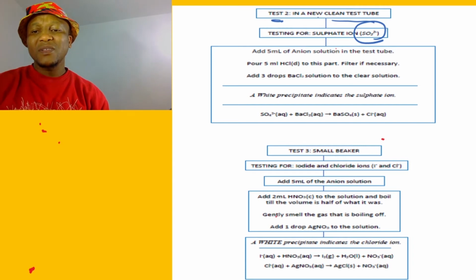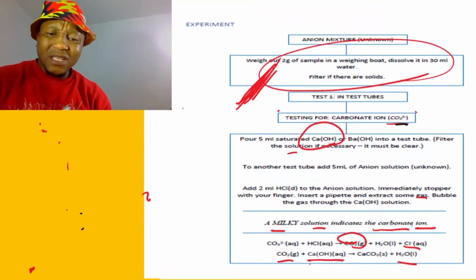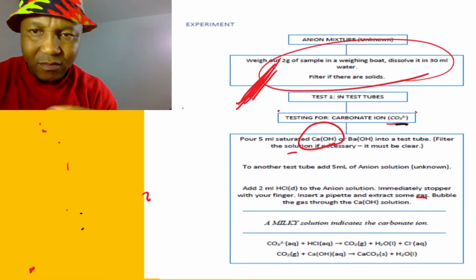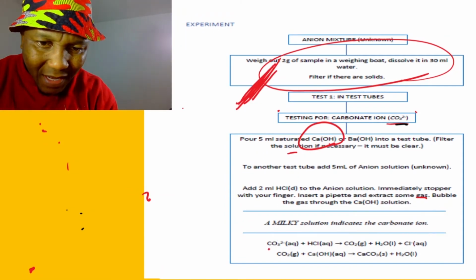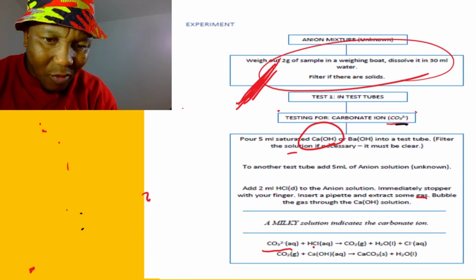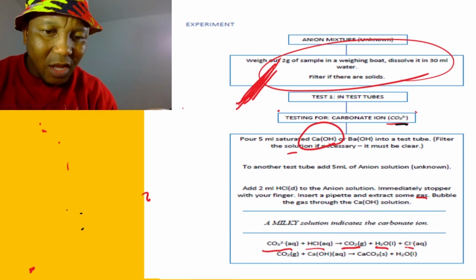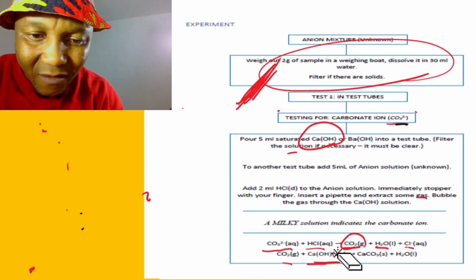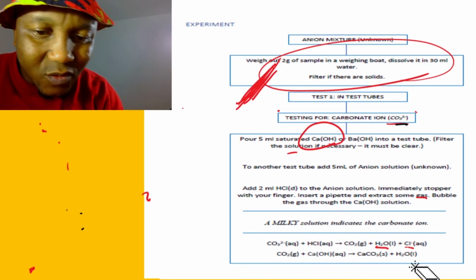Somebody said, "Oh, may I understand how this comes about?" Look, you can see here. We had a carbonate, and then we add hydrochloric acid, and then we get carbon dioxide, water, and chloride ion. Then you take this carbon dioxide and react it with the calcium hydroxide. Another thing here they forgot: this equation is not sufficient.